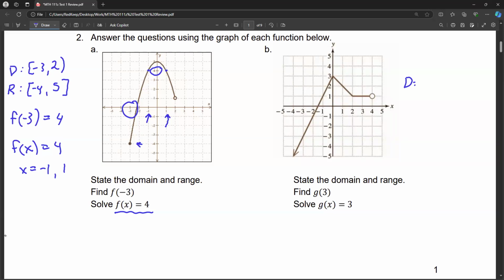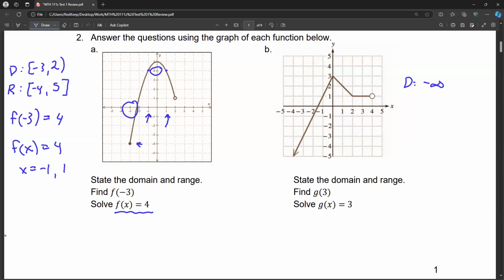And so let's go ahead and think about what's going on the left side of this function. We see this kind of arrow tip to this function. And so what this indicates to us is that as we go off to, we would say, -infinity, in this orientation, all of the x values are appropriate and the domain starts with -infinity.